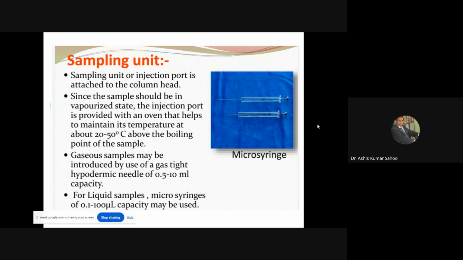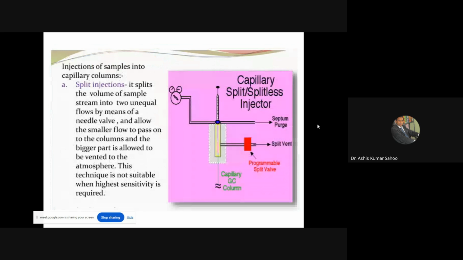Since the sample should be vaporized, the injection port is provided with an oven that helps to maintain the temperature. Using this micro syringe, we can inject the sample, for example by split injection, where the capillary column is separated by a split vent.